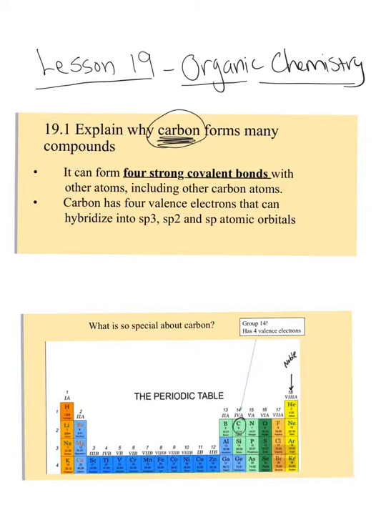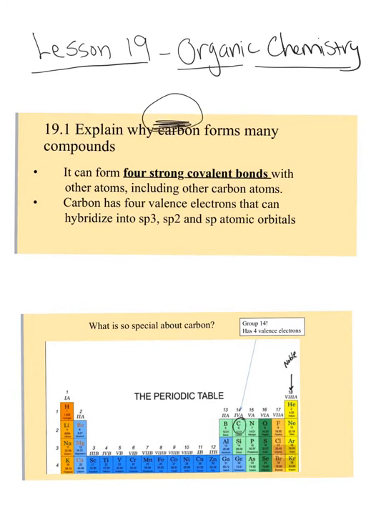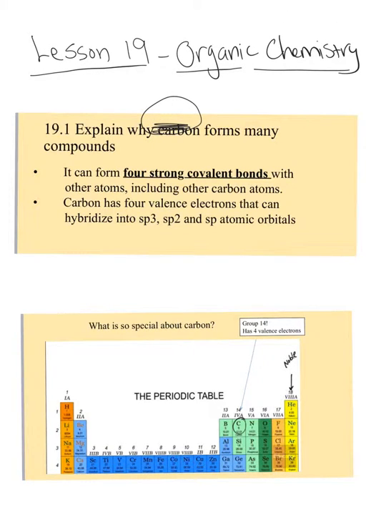There's a reason that carbon is chosen for organic chemistry, and that is simply that carbon is a very special element because it is in group 14 on the periodic table. You can see that right here. It's in group 14 on the periodic table, which means it has 4 valence electrons. So if I was to draw a carbon atom, it would look like this.